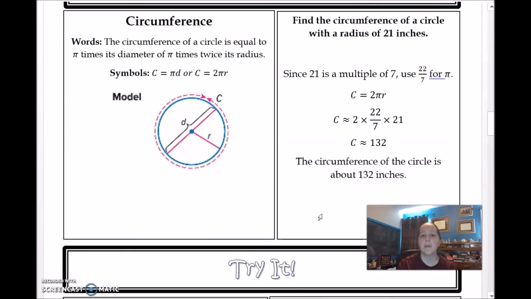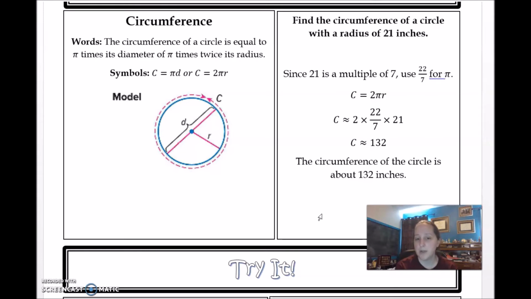An example I have: find the circumference of a circle with a radius of 21 inches. Since 21 is a multiple of 7, I use 22/7 for pi. You don't have to. You can use 3.14. It works the same way. So C equals 2 times pi times r because they gave me a radius.